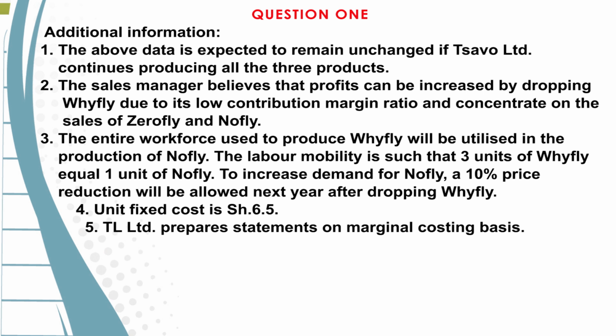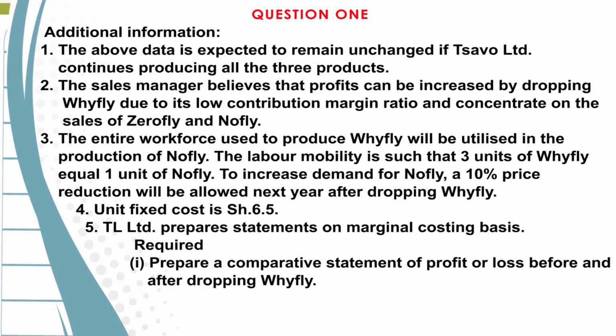You understand, candidates? So here we are required to make an adjustment in no-fly because of the mobility of labor. Those who used to work in Y-fly are now moving to no-fly, and the labor mobility is such that 3 units of Y-fly equal 1 unit of no-fly.